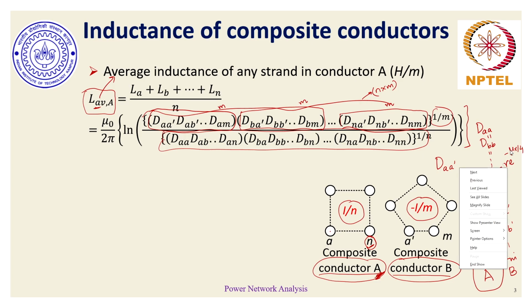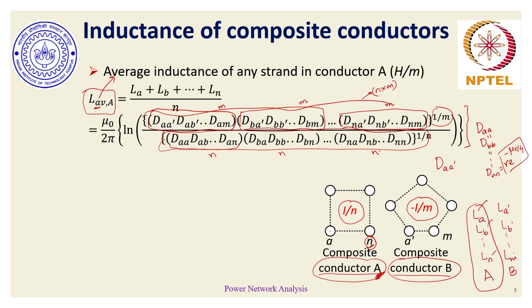So this is the individual self distance or self radius of each strand, and if I focus on one particular group, this is basically a product of n distances, and this goes on till the last group. So in the denominator, essentially I have n times m distances whose products are being taken, and then the corresponding 1 by nth root appears.